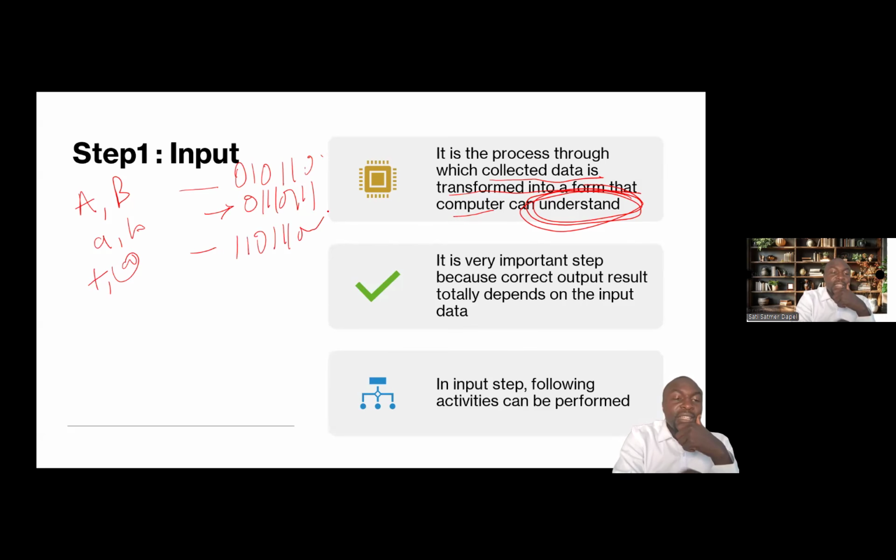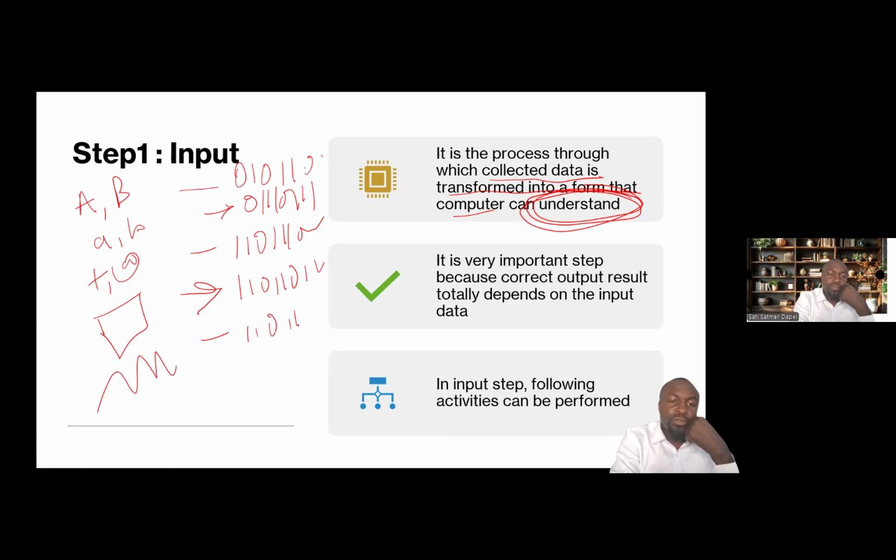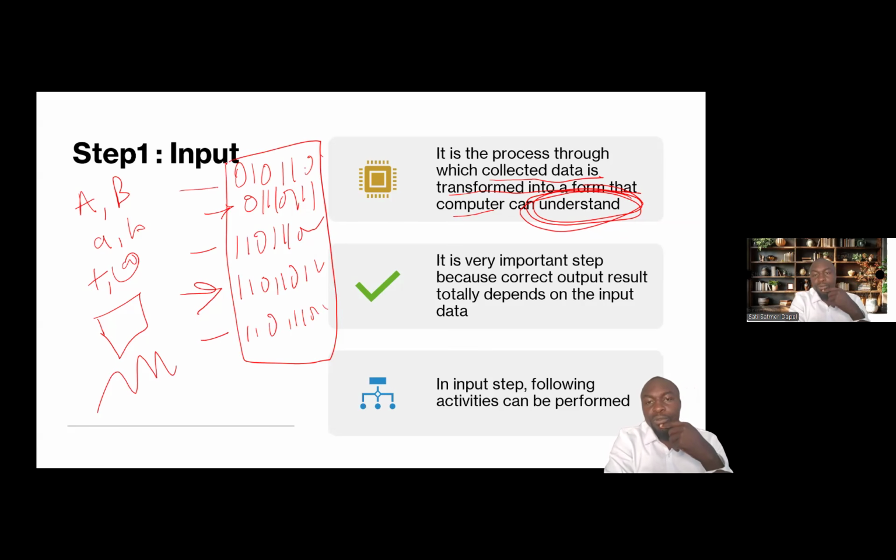If I enter a picture, that picture will be converted into binary. If I enter musical sound, the music or sound is converted into binary. Why? Everything is converted to machine understandable form. That's the input. So it's a very, very important step.